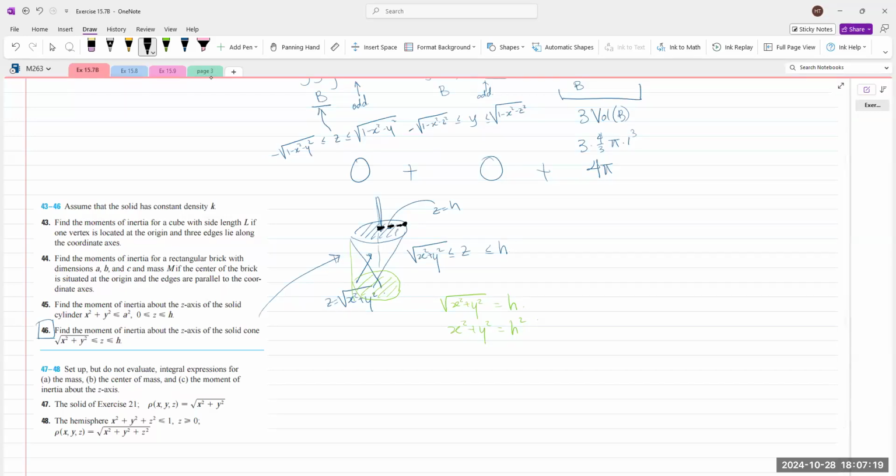Okay, so the moment of inertia about the z-axis is equal to the triple integral over that solid, call that E, of x squared plus y squared, that's the distance squared from the z-axis, times the density k dV.